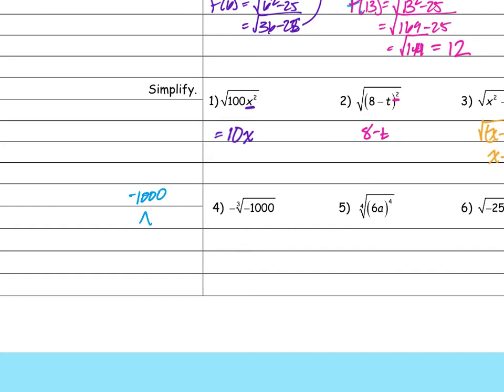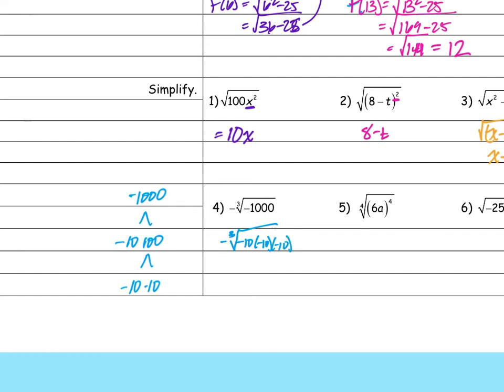Let's just do a factor tree of 1,000. Well, I know that 10 times 100 is 1,000, and then I have 10 times 10. So 3 tens is 1,000. But is 3 negative tens negative 1,000 is the question. I think it is. Because a negative times a negative is a positive, times a negative is a negative. So that means I could rewrite this as the cube root of negative 10 times negative 10 times negative 10.